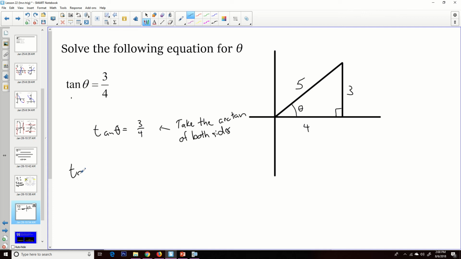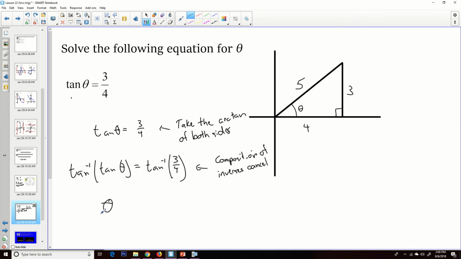And so we get arctangent of the tangent of theta equaling the arctangent of 3 over 4. Now, composition of inverses cancel. So the arctangent of tangent gives you just theta.